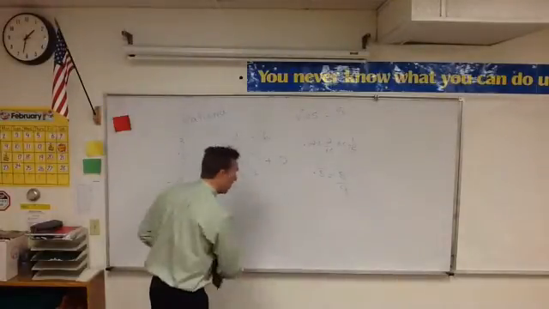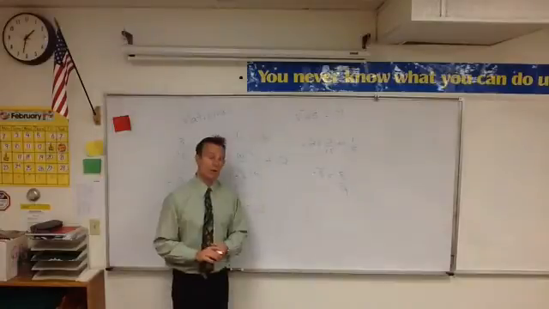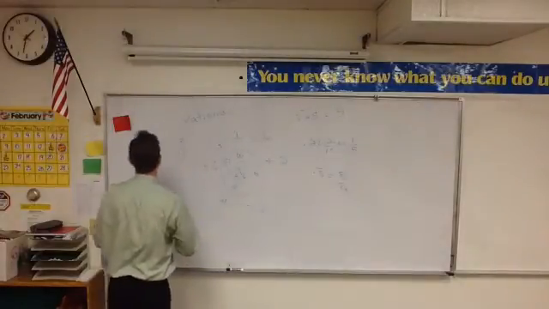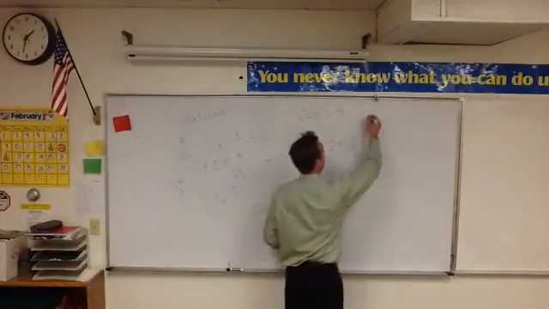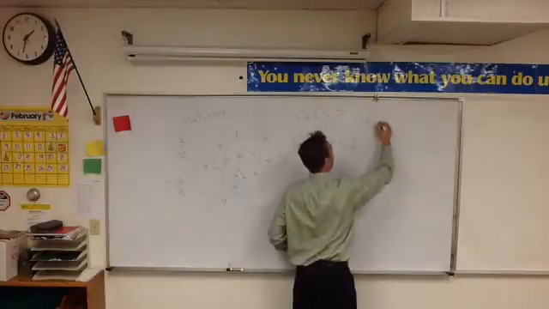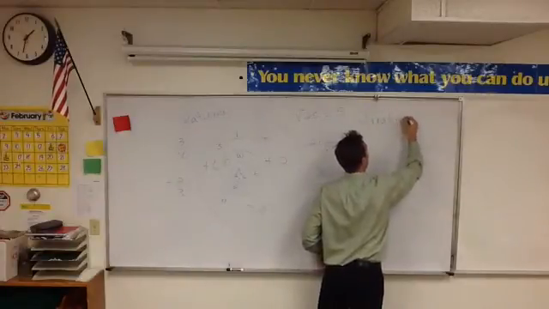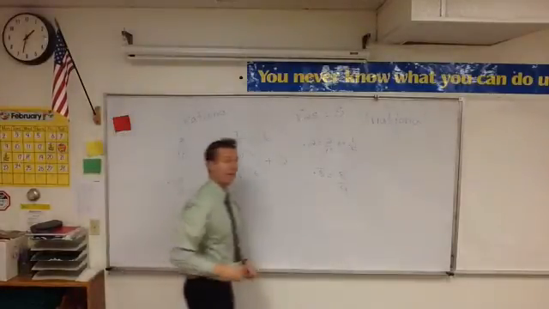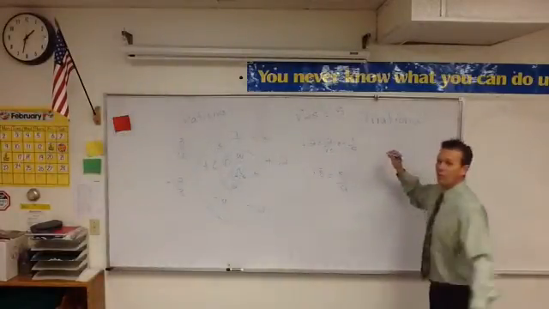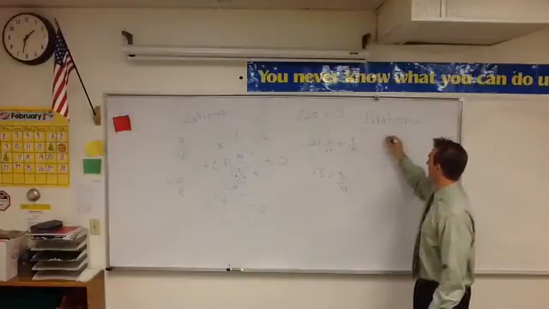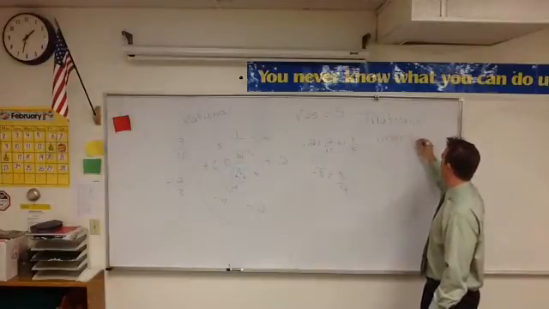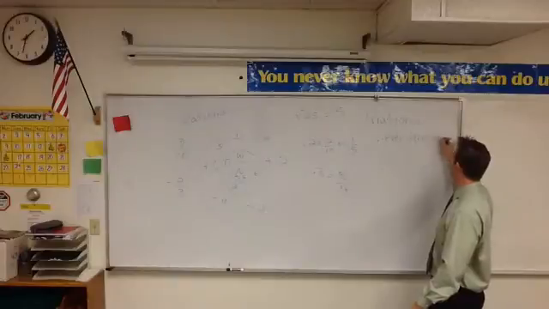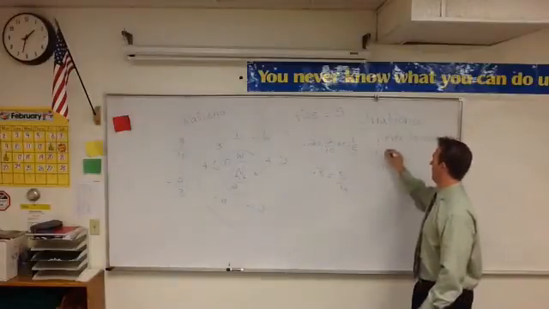Now, there's also something called irrational numbers. The thing you have to understand about irrational numbers that are not included in all of this is that the rule is they never terminate, and they never repeat.